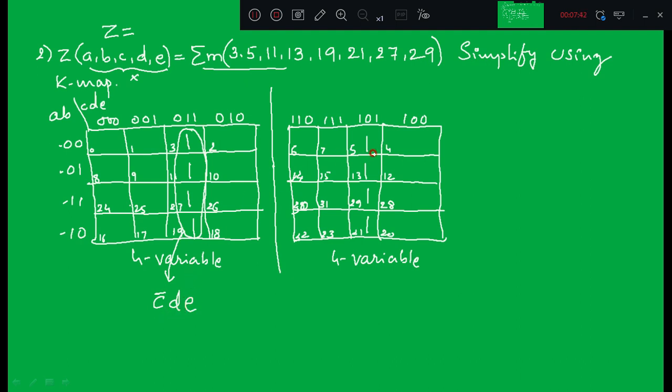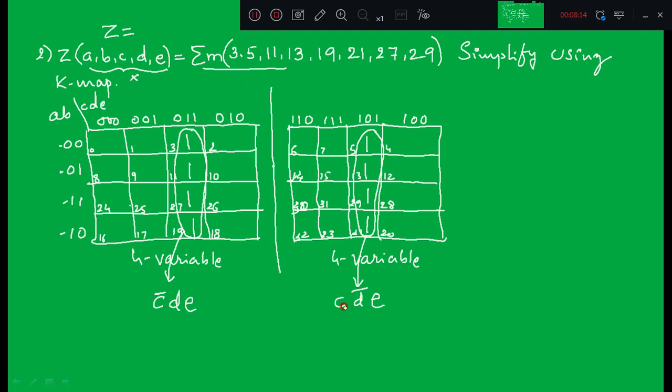Now similarly in second 4 variable K-map, these 4 ones are again logically adjacent as well as physically adjacent, right? Again you are grouping 4 ones, means you are going to eliminate 2 variables, again you are grouping along the column, right? So A and B will get eliminated because all are complement to each other, and the term for this grouping is C, D bar and E, right?